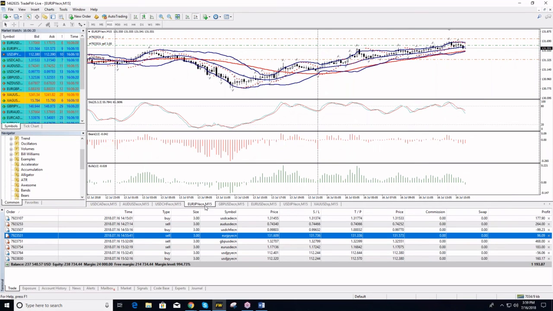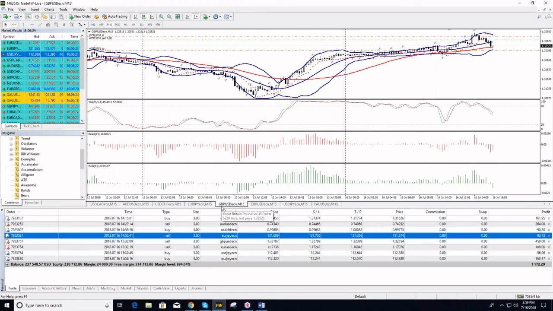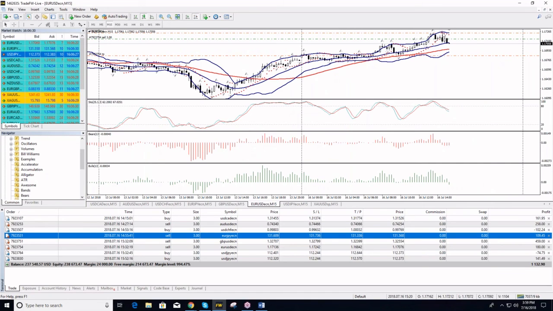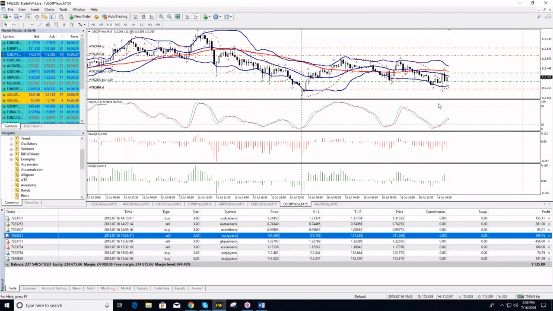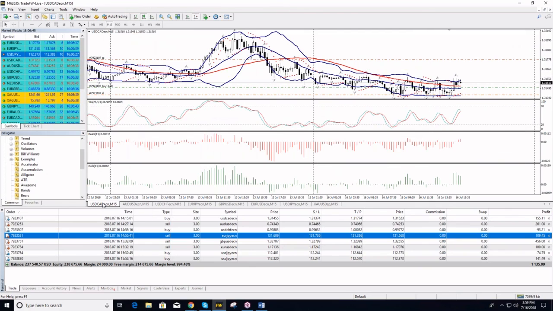Of course, you can join Euro Yen as you wish, Alan. Euro dollar, same situation as pound dollar, but at the early stages of the development of the trade. And as I said, we have 6 lots on dollar yen. So that's all we have for the moment.